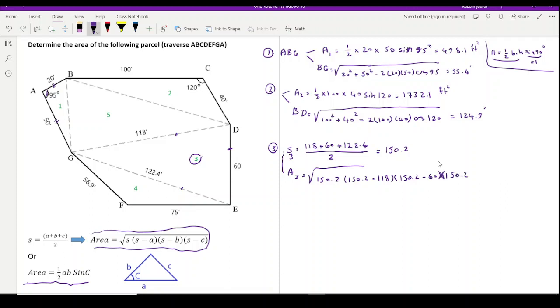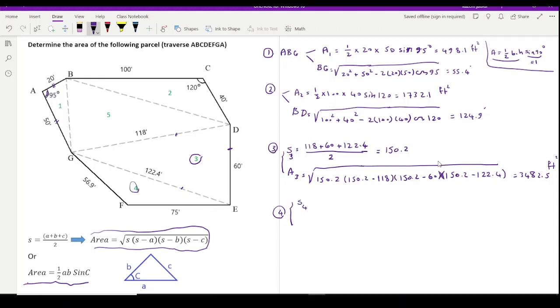So you're subtracting each side one by one from 150.2, and you have to extend this. If you solve this, it's going to give you area 3, which is equal to 3,482.5 feet squared.